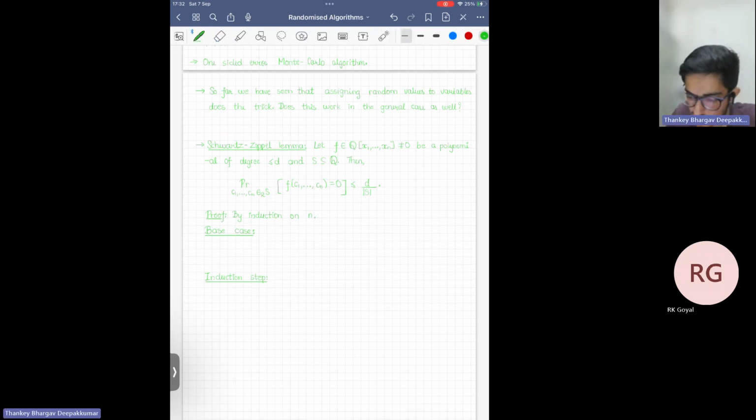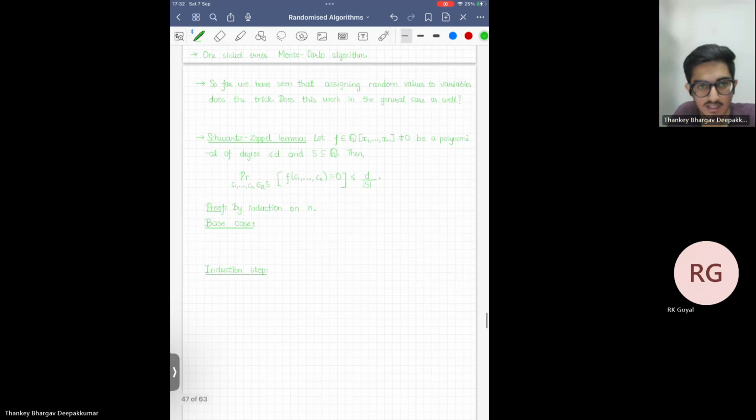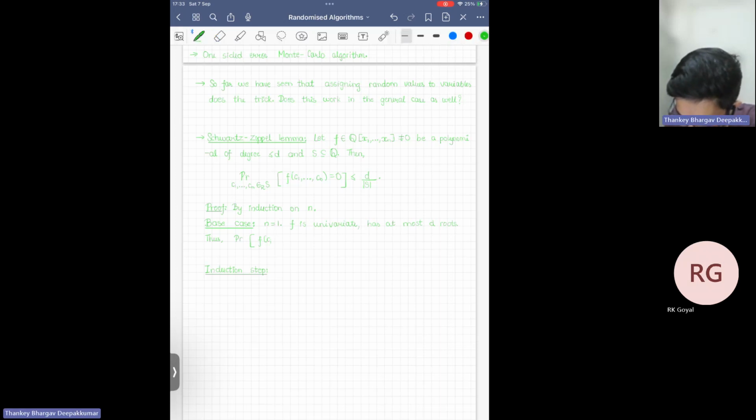We'll prove this by induction on the number of variables. When the number of variables is 1, we already saw this case. It's a univariate, so there is just C1.